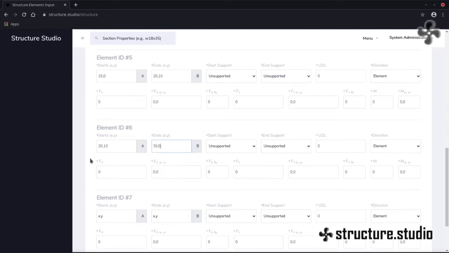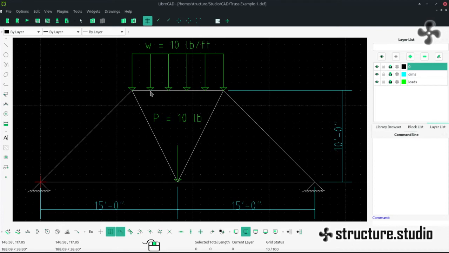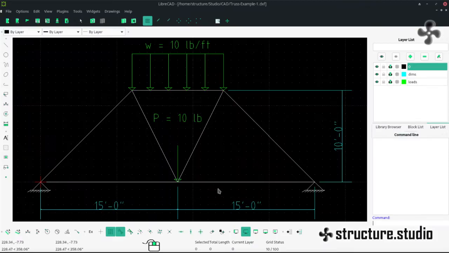Also, it doesn't have load or support. The last element is element 7. It starts at 10, 10 and ends at 20, 10. And it has a distributed load of 10.